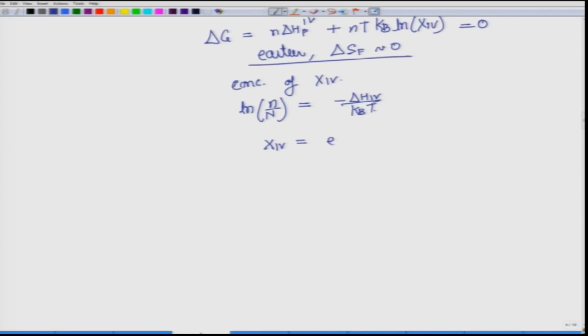This will be given by, and like I said, if you had not ignored the delta SF formation term, then this would be further accurately represented by this relation.